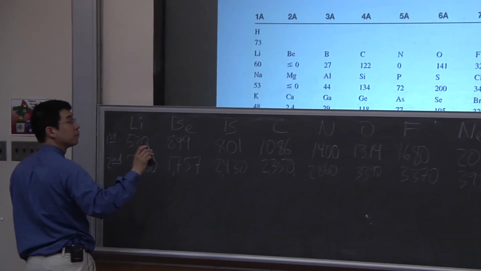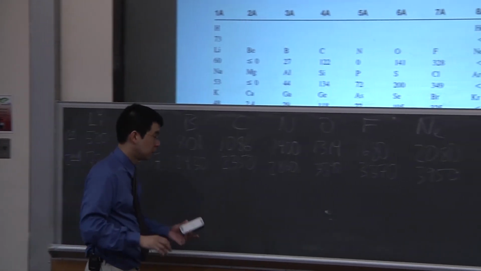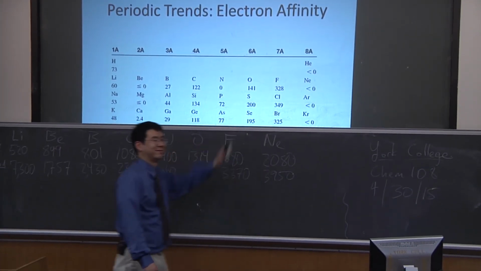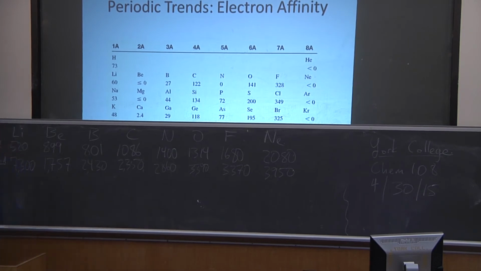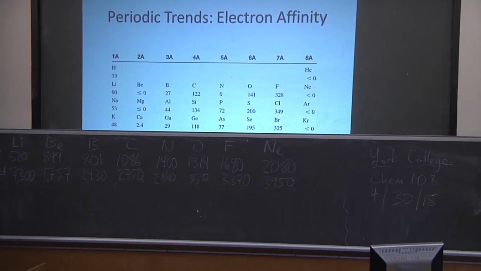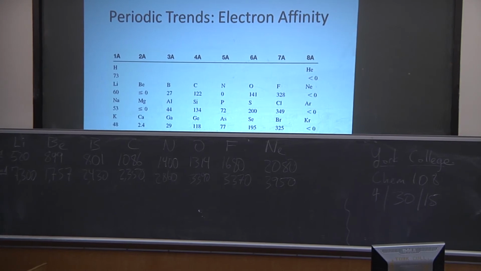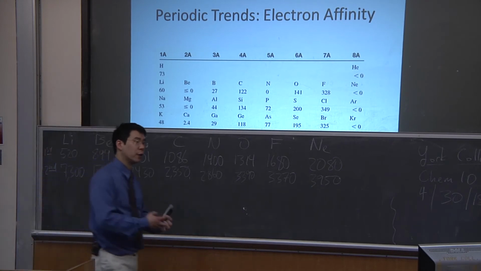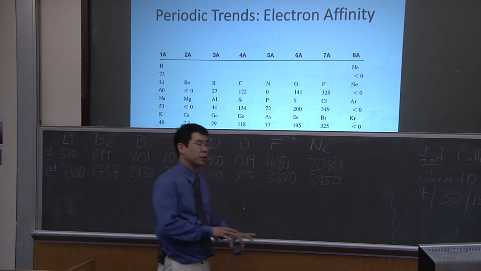Just got a question: fluorine, I know it has the most electronegativity, but why is chlorine's electron affinity more than fluorine's? That's a good question, and I'm not entirely sure of the answer. Electronegativity and electron affinity are not quite the same thing. Electron affinity is the ability to gain an electron. Electronegativity, which we're going to see in the next chapter, is how much it likes electrons when it's in a covalent bond, not isolated.